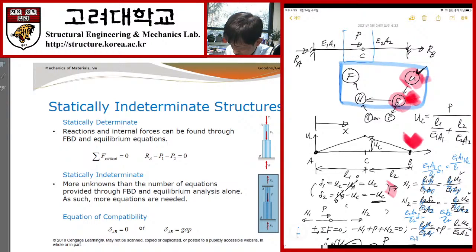So E1 A1 over L1, E2 A2 over L2. And then this one should also be changed to E1 A1 over L1, E2 A2 over L2. Thanks.